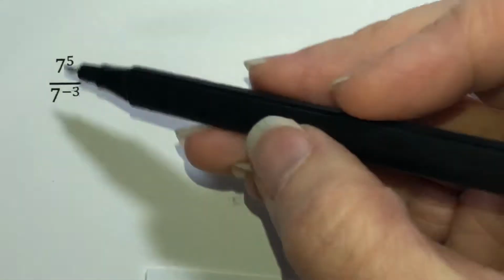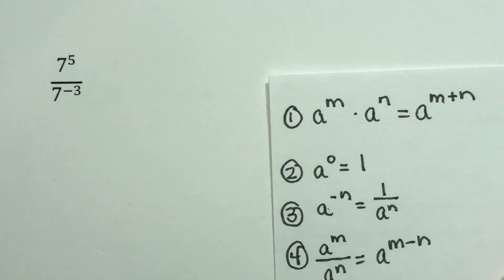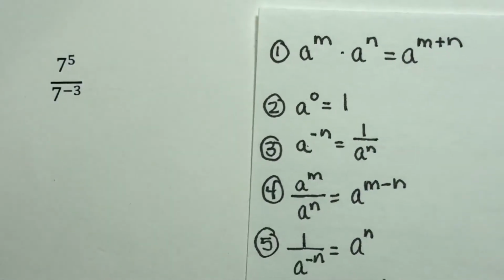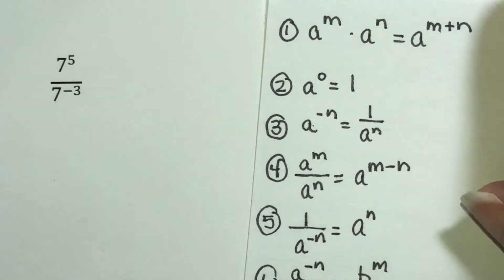7 to the 5th power over 7 to the minus 3. I'm actually going to work this one two ways. The first way, I notice that I have the same base, so I can still use property number 4 that says I can subtract those exponents.